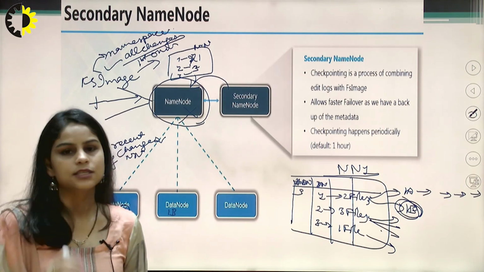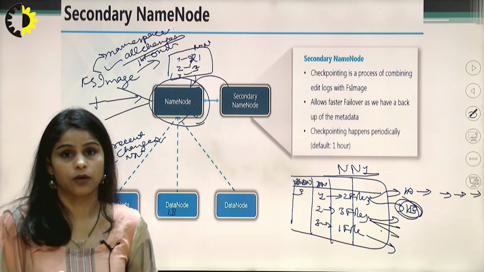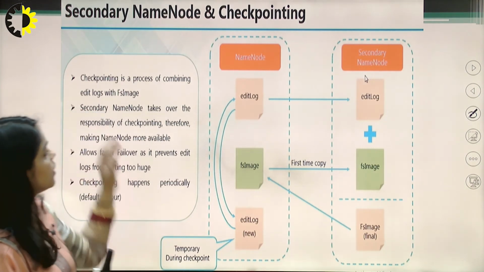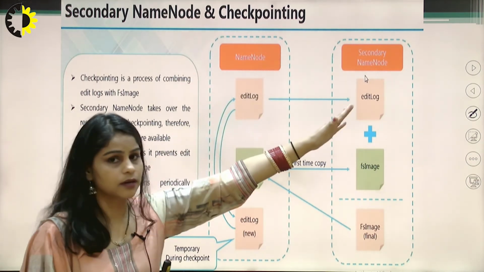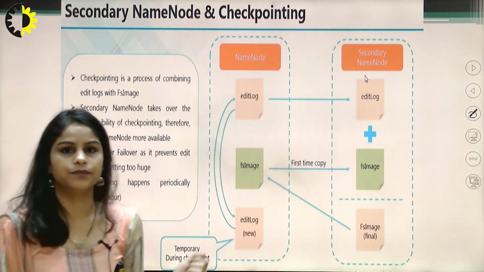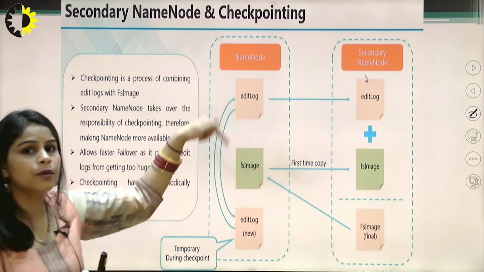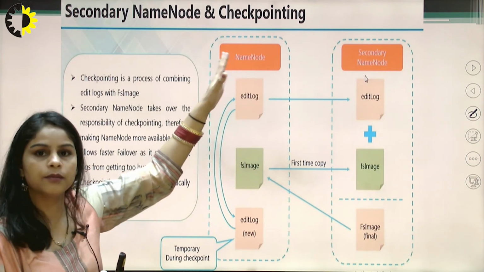Now, let us understand what this checkpointing process is actually working on. As you can see here, there is a node defining the name node and another is the secondary name node. So we know that the name node has two important components that help us in working and maintaining the metadata.